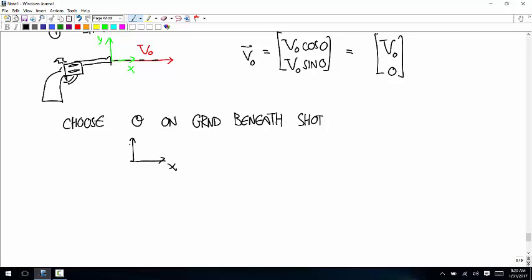The x-axis horizontal, the y-axis vertical. And then time equals 0 is the instant that it's shot. Time final is when it hits the ground.